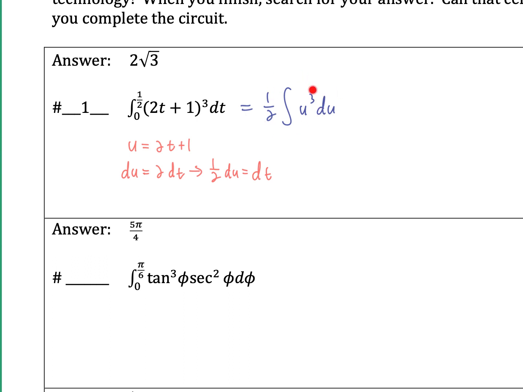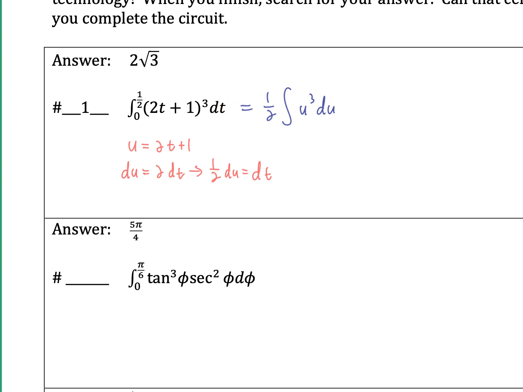Okay, notice there's no limits here. The thing to be careful of is that this dt tells you that t is the variable of this integral at the moment. It makes sense that there are t's here, but technically it doesn't have to be. This dt is what really tells you the variable this integral is in terms of.